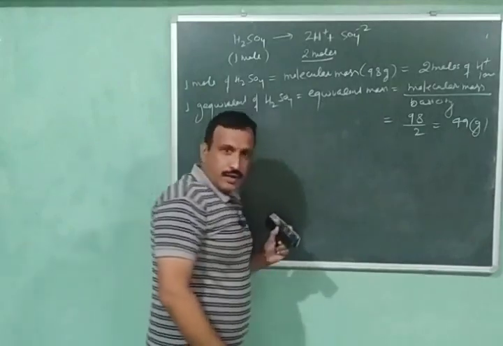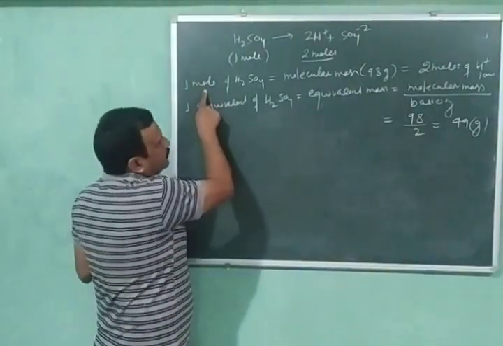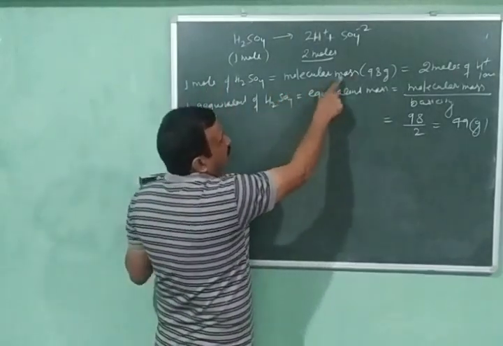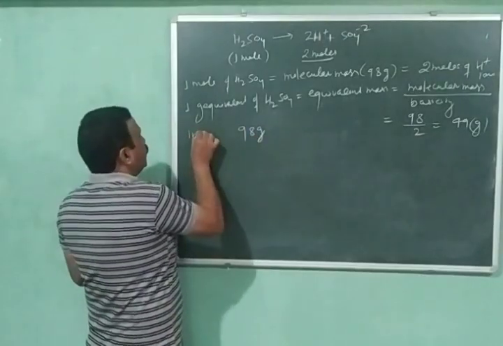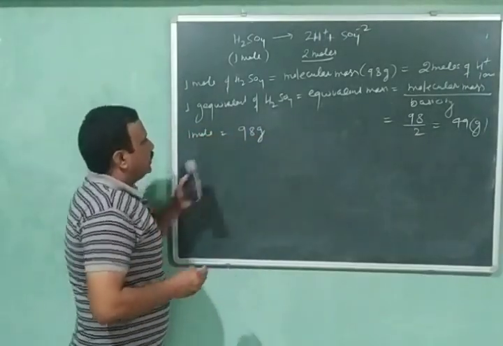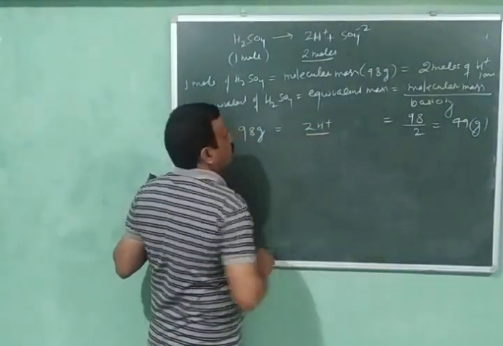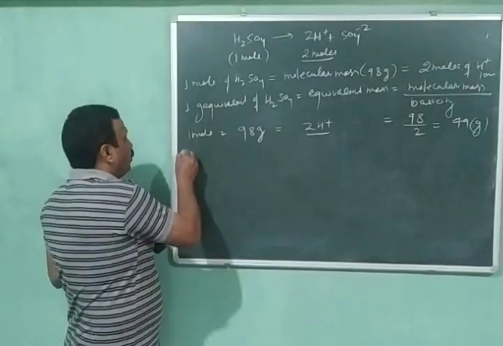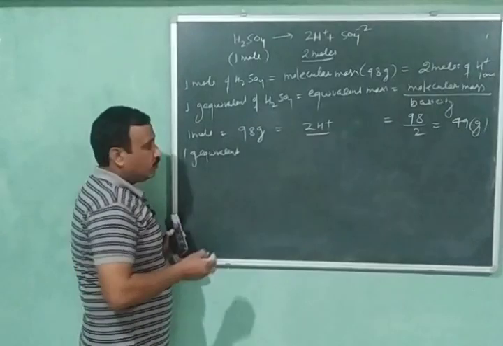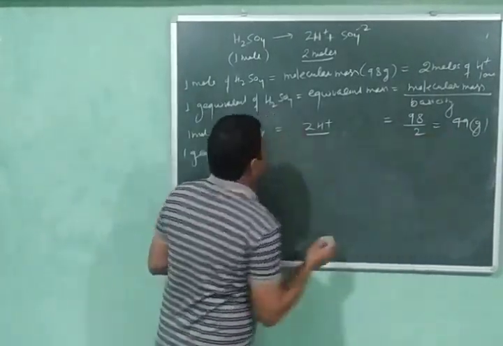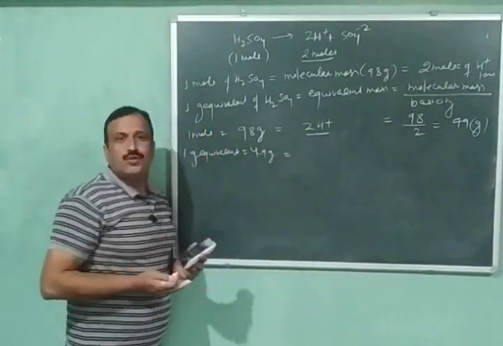Understood. So now we can say that 1 mole, which is equal to its molecular mass 98 gram, is giving us 2 moles of H positive ions. Then 1 gram equivalent, which is equal to 49 grams, will give how many moles of H positive ion?